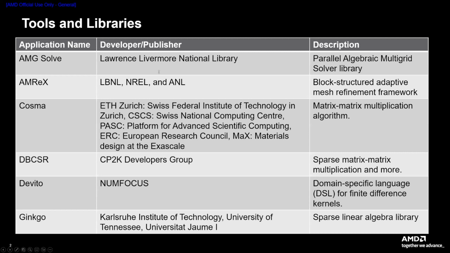So we have a bunch of solver libraries that are available that do utilize the AMD hardware. You can sort of break these down into solvers, low-level support libraries for applications, block structured AMR, AMReX, and tools, so profilers and such.